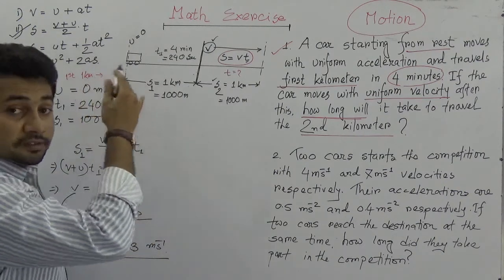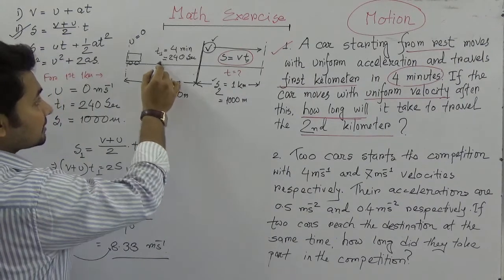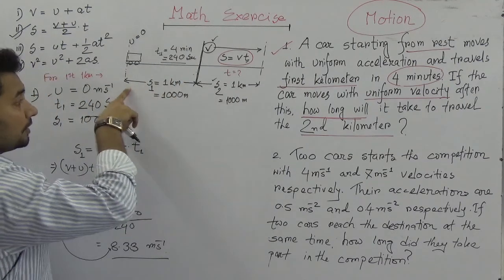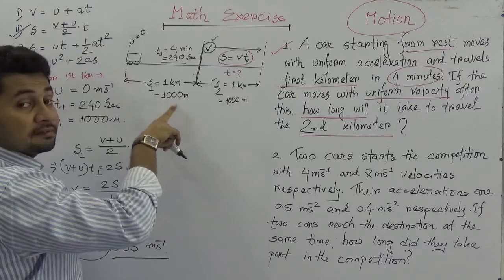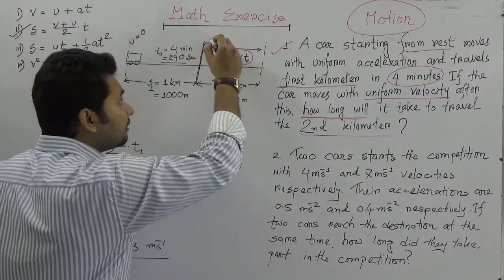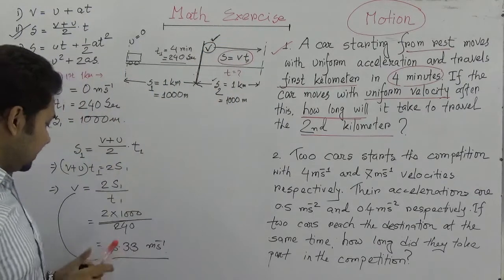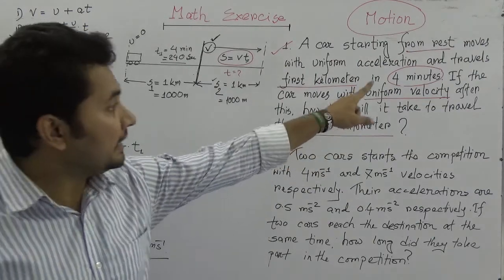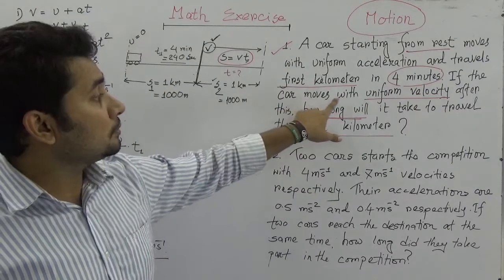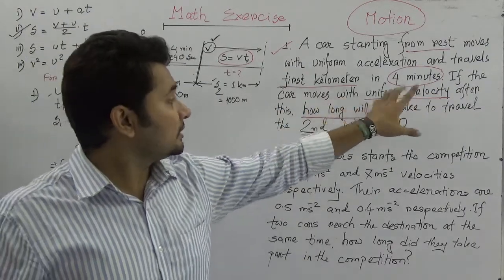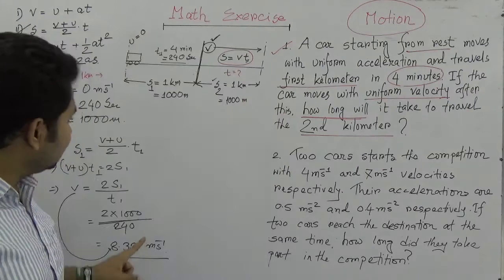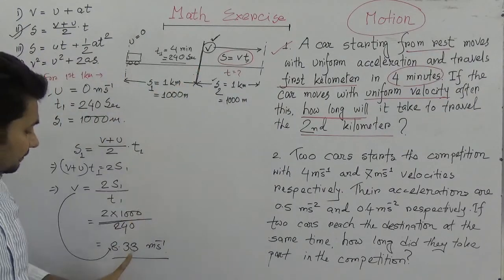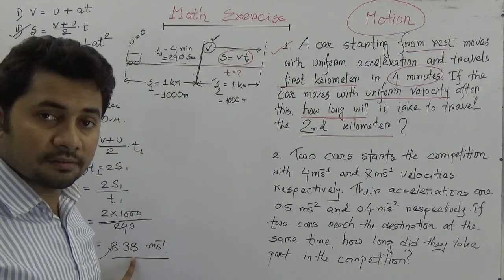So after 4 minutes of travel, when it passes the 1000 meters, it will reach a velocity of 8.33 meters per second. And following the question, if the car moves with uniform velocity after this, that means after 1 kilometer the velocity won't change.